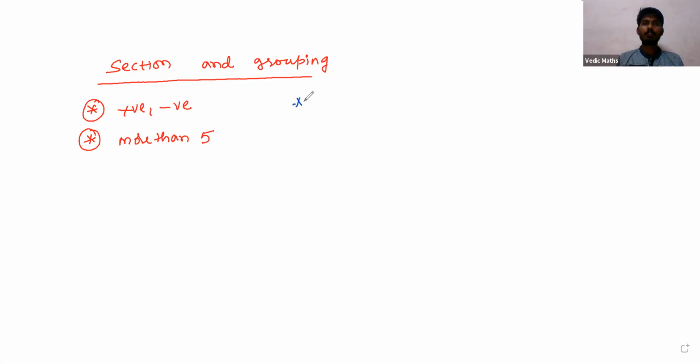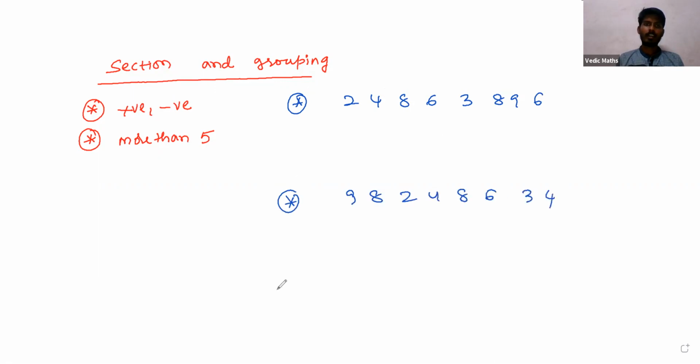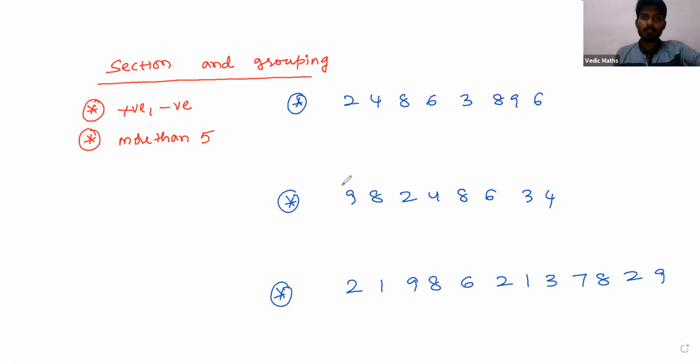Suppose let me take a few examples. 2, 4, 8, 6, 3, 8, 9, 6, and another will be 9, 8, 2, 4, 8, 6, 3, 4, and another number will be 1, 2, 9, 8, 6, 2, 1, 3, 7, 8, 2, 9. Okay, now see. The first two examples are vinculum numbers. Let me write that these numbers are vinculum.